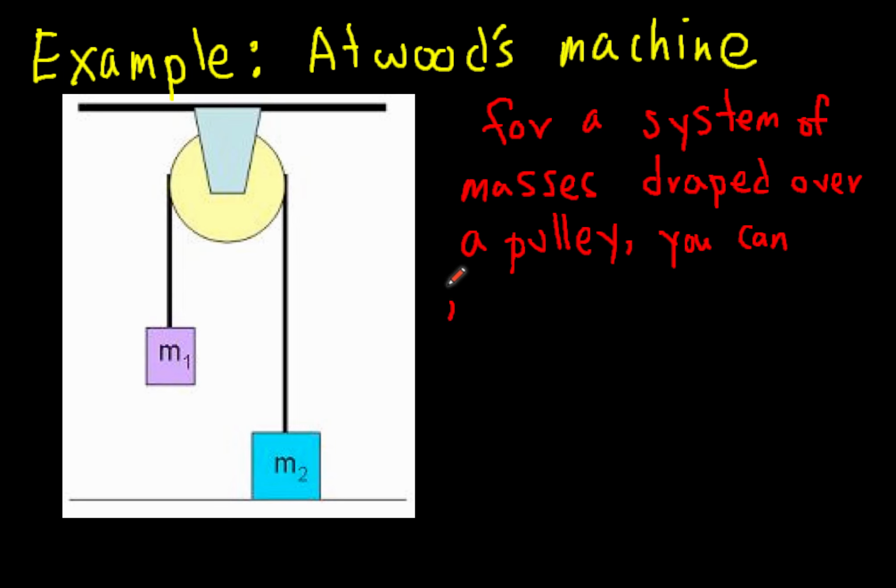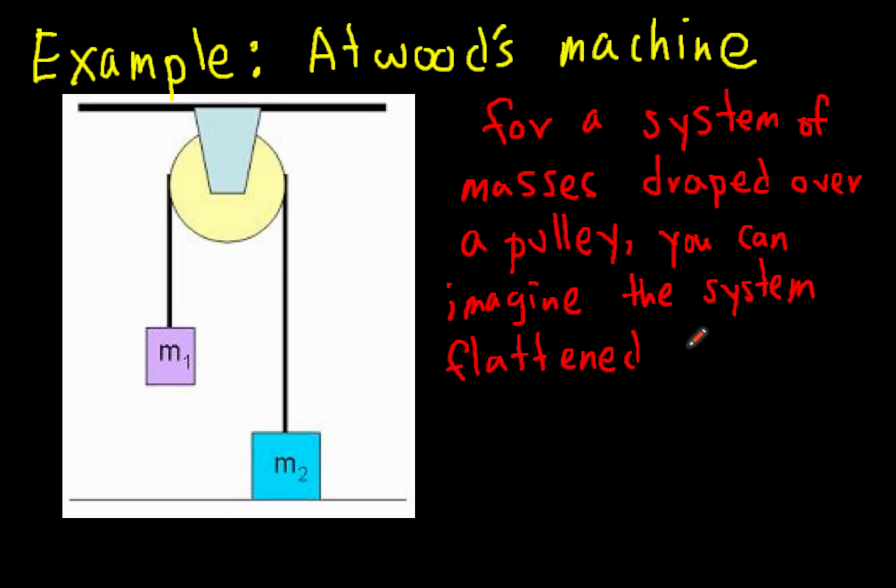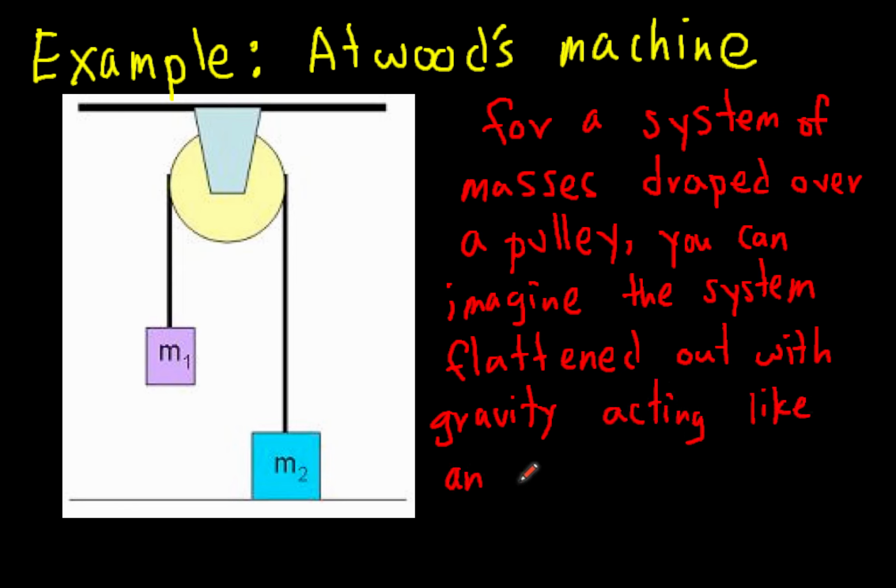For a system of masses draped over a pulley, you can imagine the system flattened out, with the force of gravity acting as applied forces. By flattening out the system, it makes our calculations a little bit easier and more similar to the earlier example, which was flat.